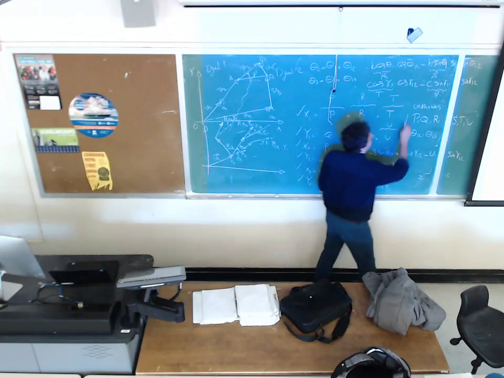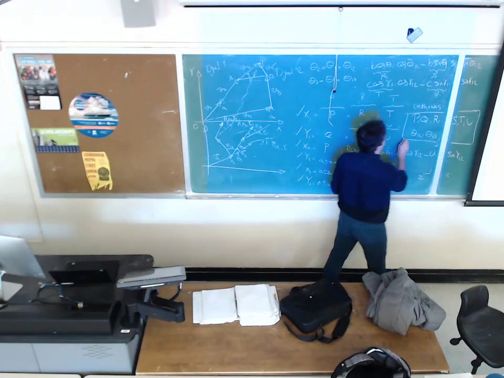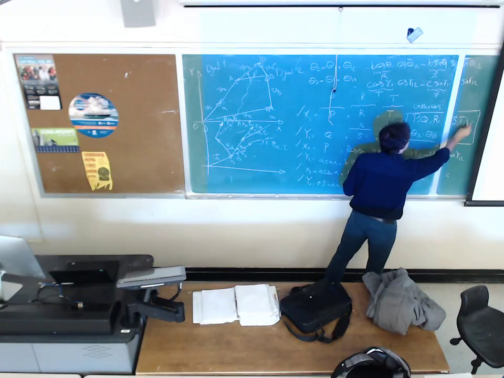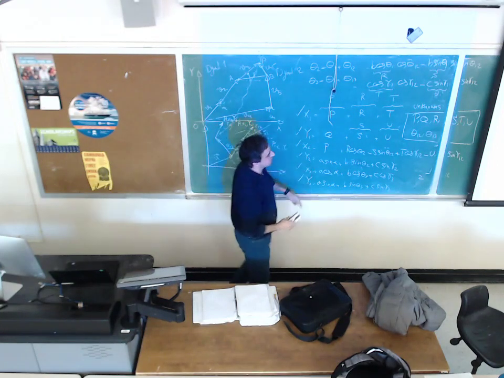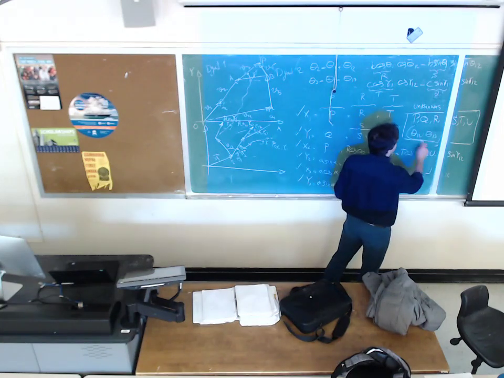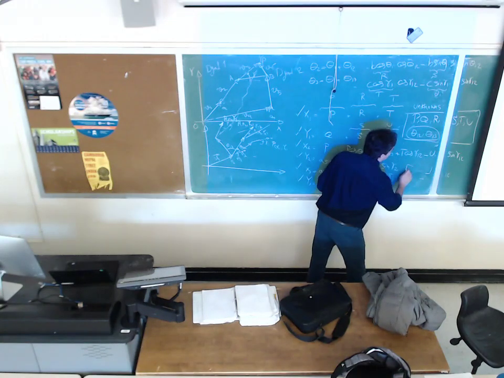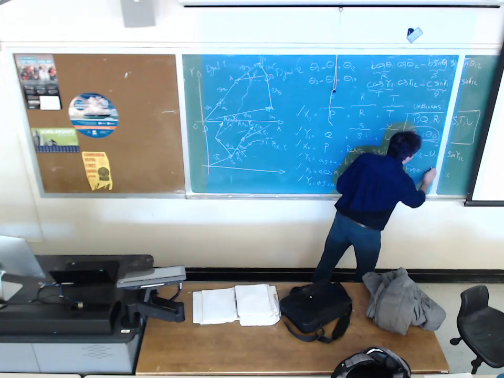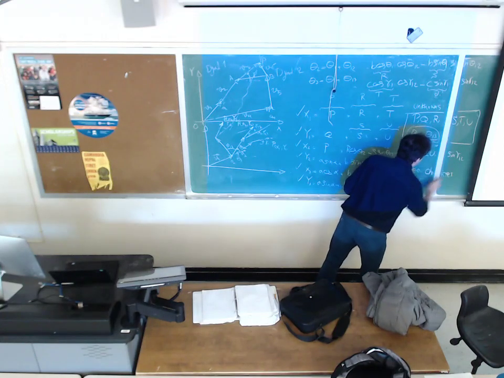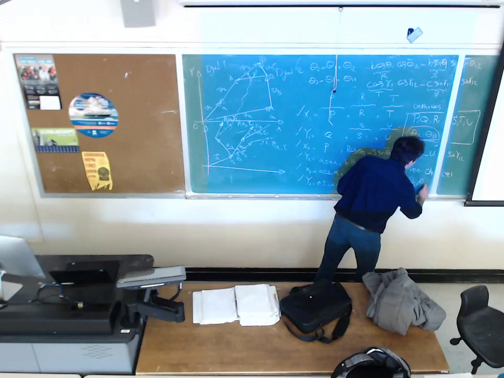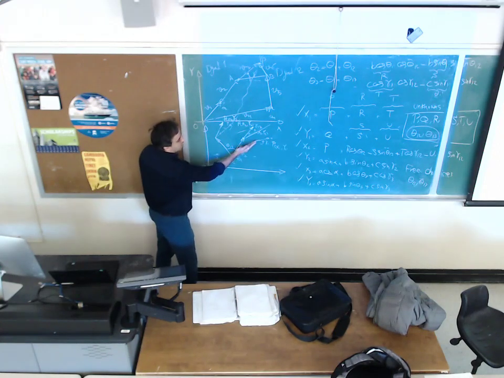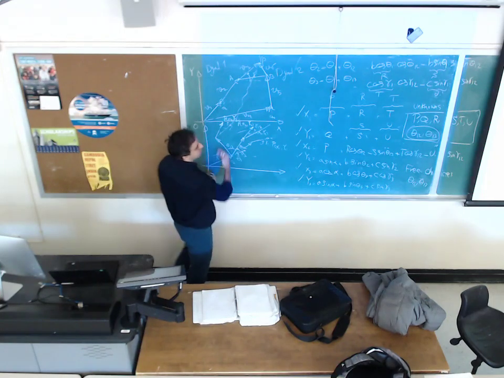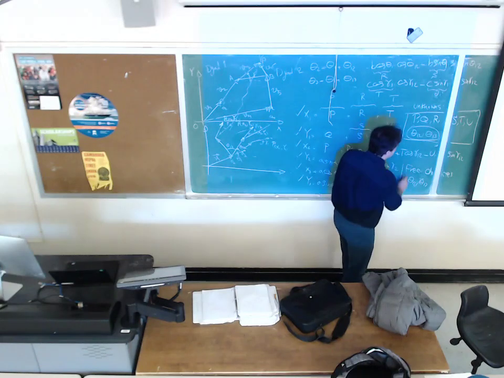So the number of unknowns would be 1, 2, 3, 4, 5, 6, 7, 8. Number of equations: 1, 2, 3, 4, 5, 6. So 3 choices. We pick theta 12 and theta 13 as a free choice. What would be the rotation of the input link from the first precision point to the second, and from the first to the third? You pick it as a free choice.